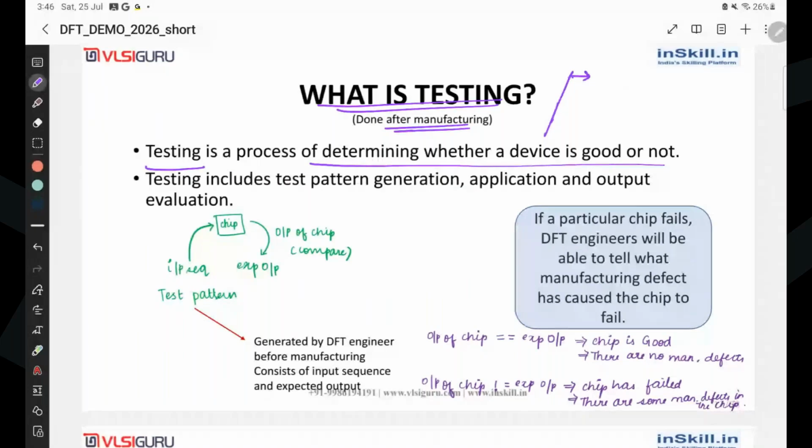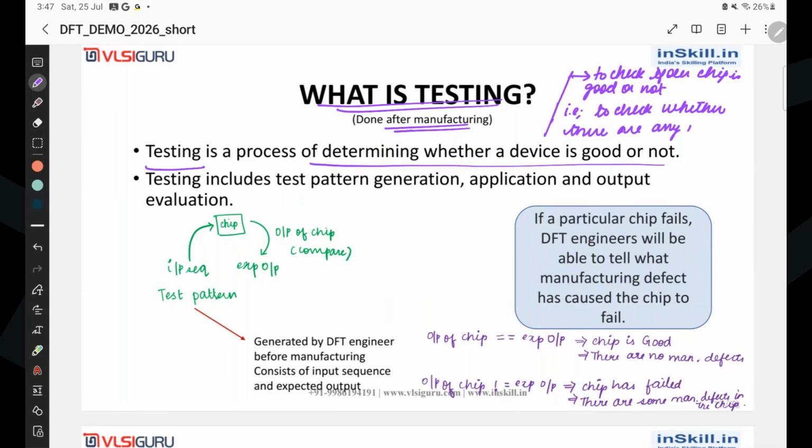So it is actually to check if our chip is good or not, to check whether there are any manufacturing defects or not.